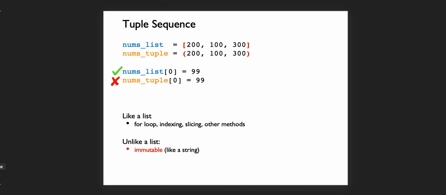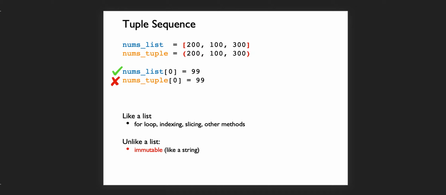You might be wondering why exactly we need a tuple, considering that it seems to be a worse option than a list, having all the list features but not having the option to mutate the values.